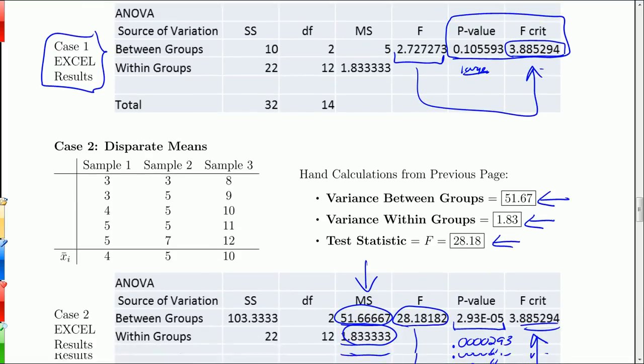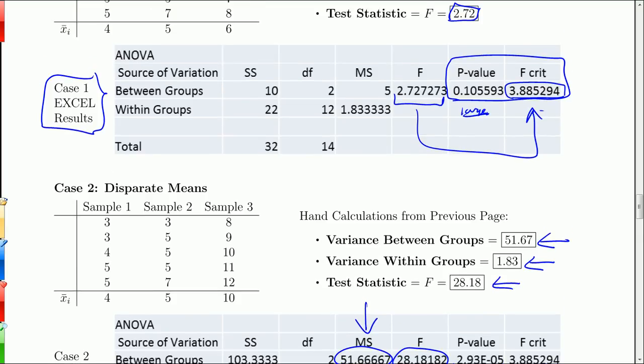And so it's probably worth right now pointing a couple things out. These are the results from Excel. If you use other software, the names here might be different. So this between groups might be called treatment or factor. So other software might have, instead of between groups, treatment.